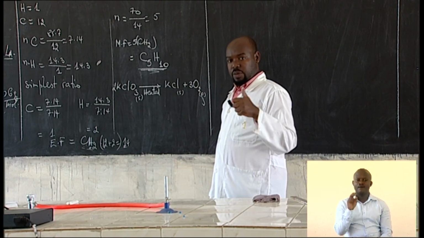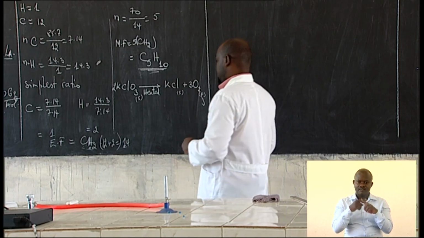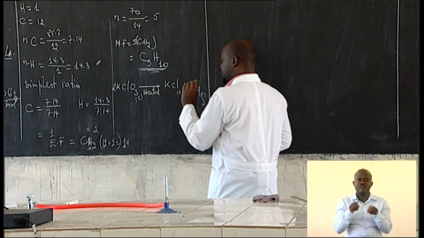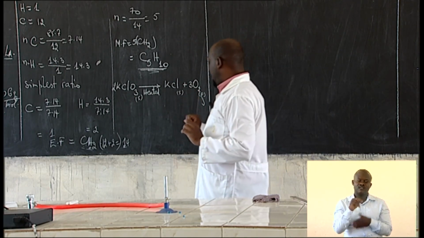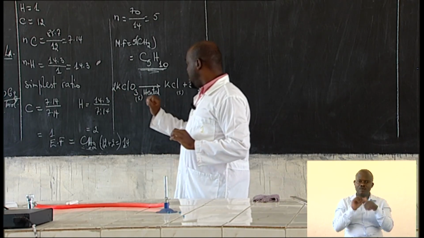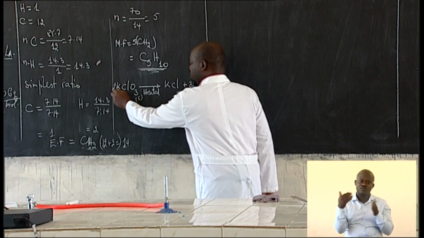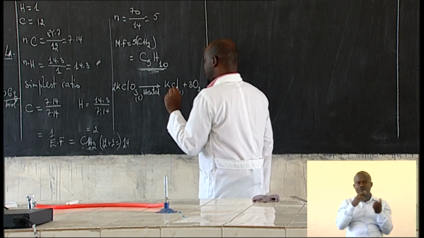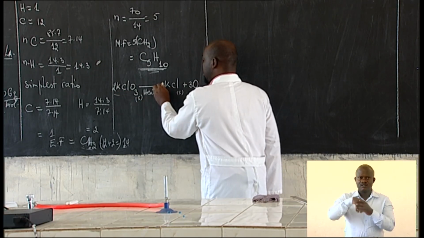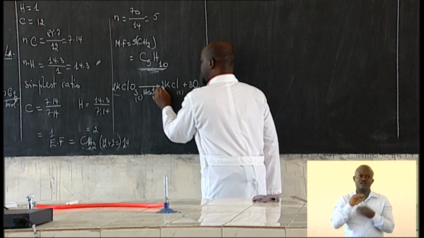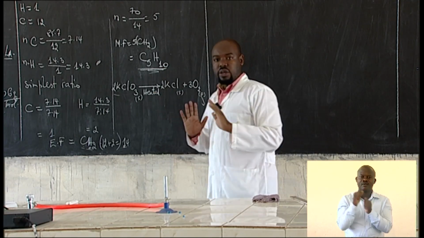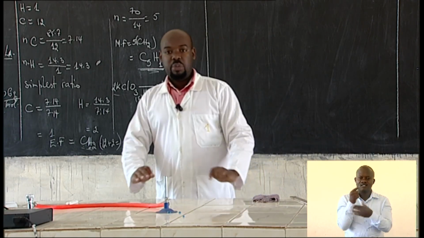Like this, our oxygen atoms are balanced. And what about the potassium atoms? We have 2, and even for the chlorine atoms, we have 2 on the reactant side, and here we have 1, so we multiply by 2. So our equation is well balanced.